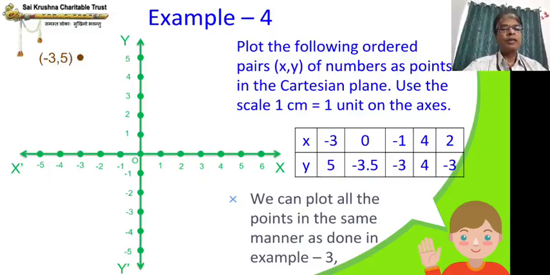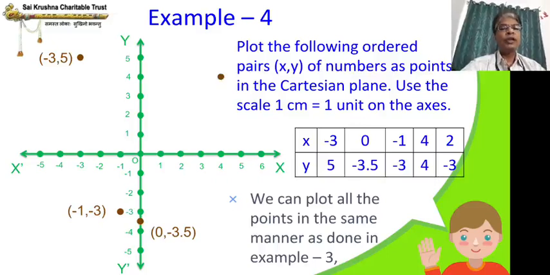Next, (0, -3.5): x is 0, so it remains on the y axis, and -3.5 means it goes below, because it is the ordinate value. Then (-1, -3) is in the third quadrant, (4, 4) is in the first quadrant, and (2, -3) is in the fourth quadrant.